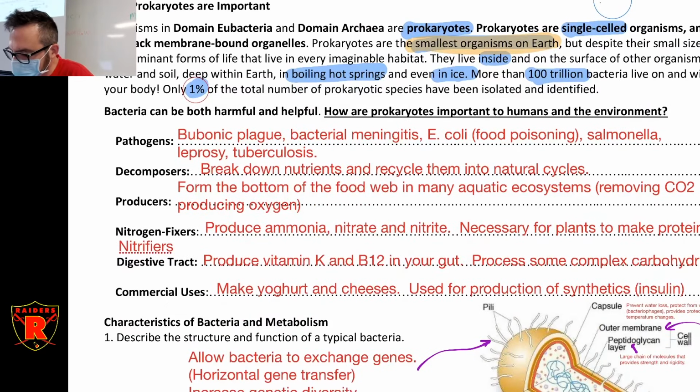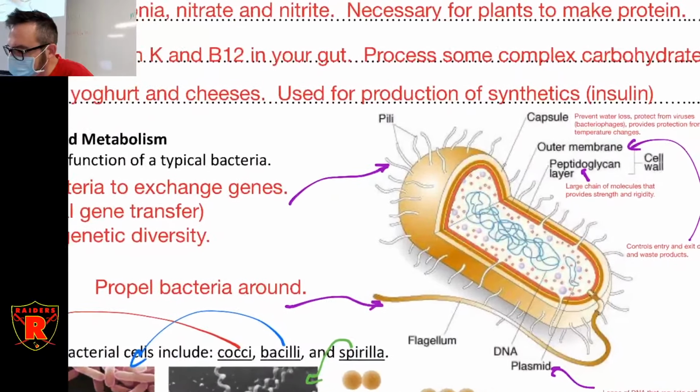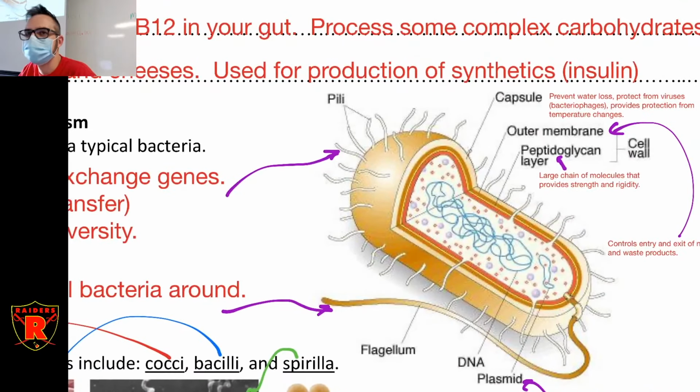Okay, let's talk about what they look like. This is a little bacterium right here. Now keep in mind that they're not all going to have the exact same shape or external structures, but this is a general model of a bacterium, okay? In general, they have these things.